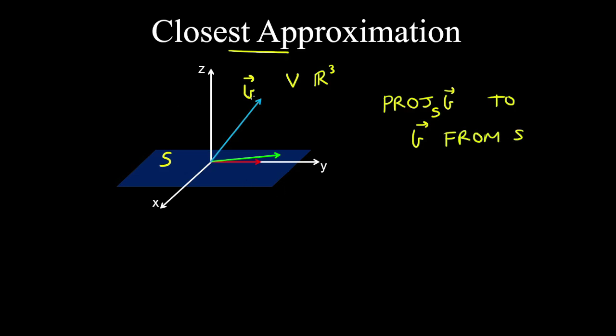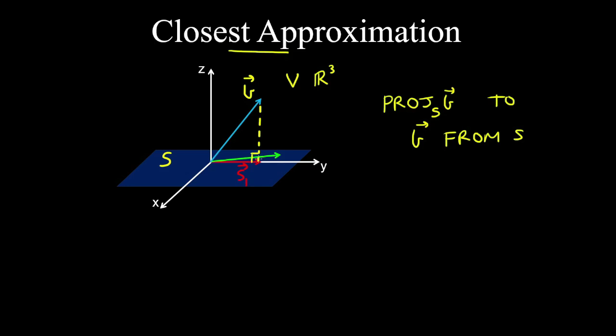So this can be seen geometrically by projecting B onto the subspace S. So we have an orthogonal projection, and this red vector, which we'll call S1, is the best approximation.